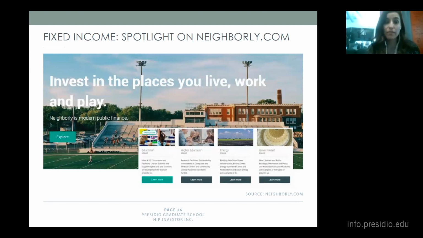And at the same time, their online platform better allows everyday investors to find and invest in municipal bond projects. They're lowering bond denominations to be as low as $500 for individual investors, which greatly increases accessibility for most investors. And their platform makes it easier to find bonds in your own communities.